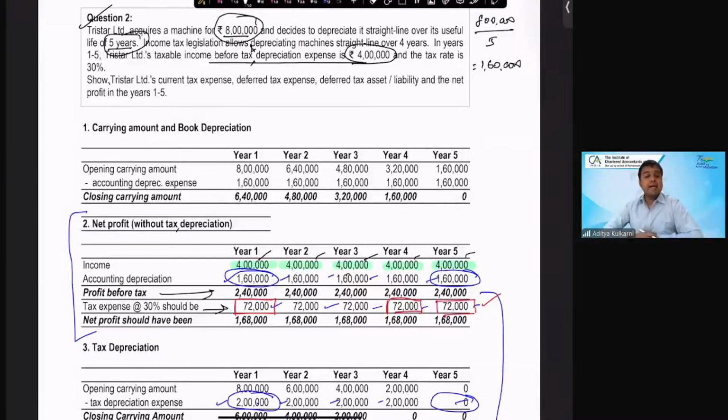Tax expense at 30% would be 72,000 for each year. So net profit would be 1,68,000 per year. Are we okay with this? Yes, sir. This is what the tax expense should be. That means this is not the actual tax expense.